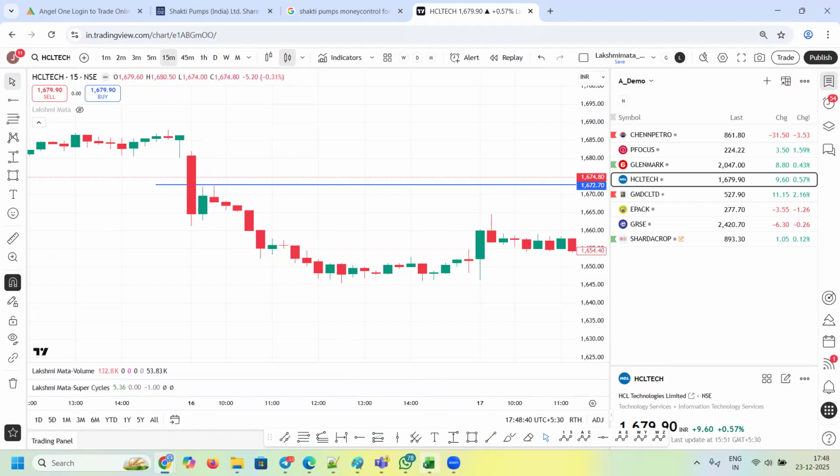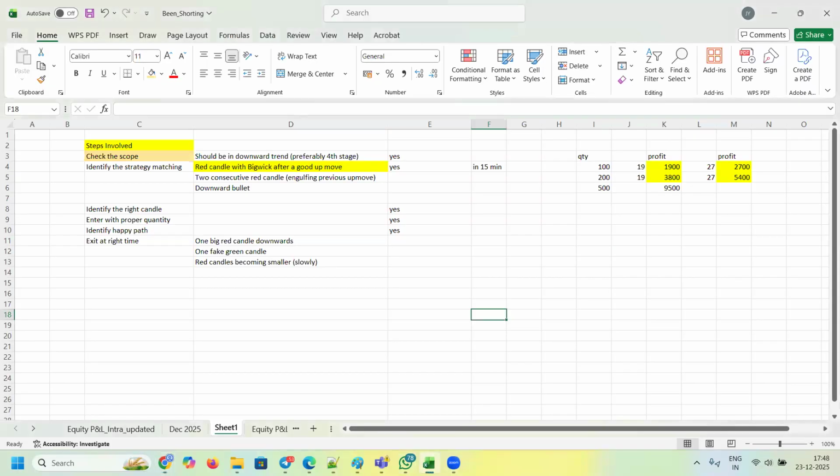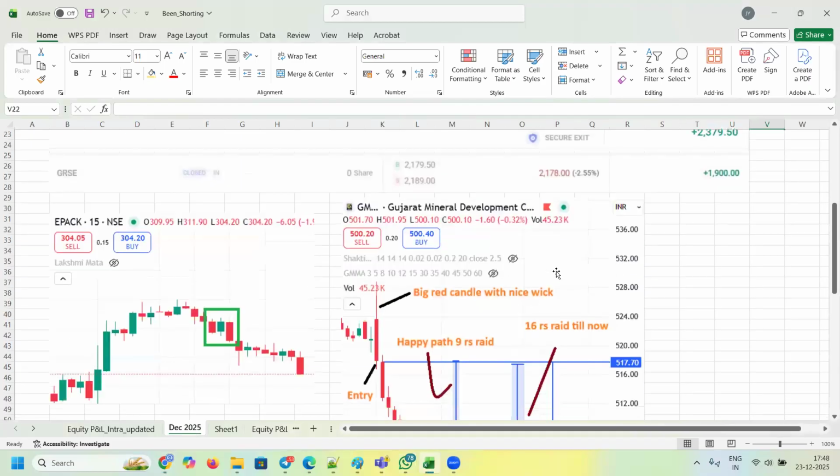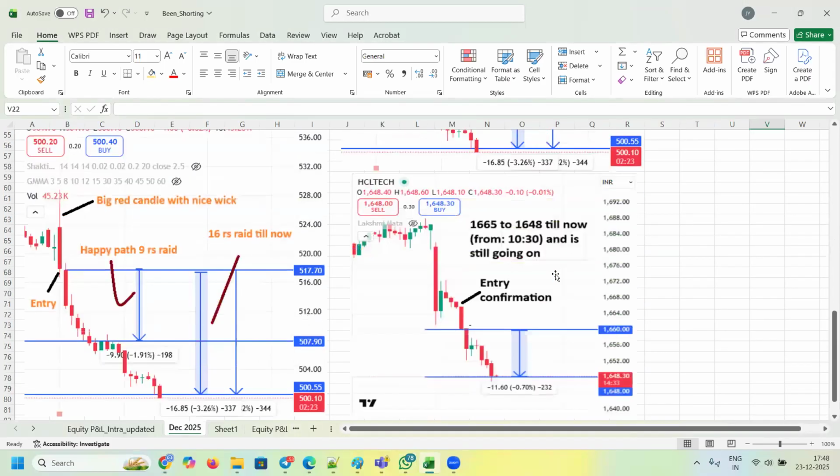Yeah. Because of that, at that time only I sent you some screenshot also. See this, HCL Tech break gap down open entry confirmation. This is entry confirmation. That day I sent this message on the group.